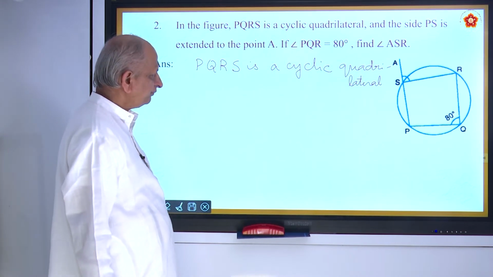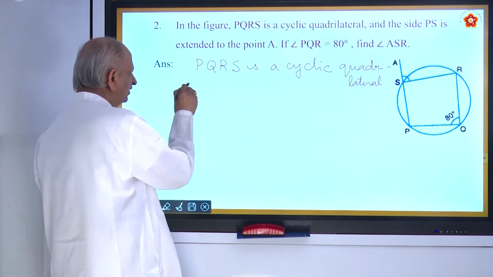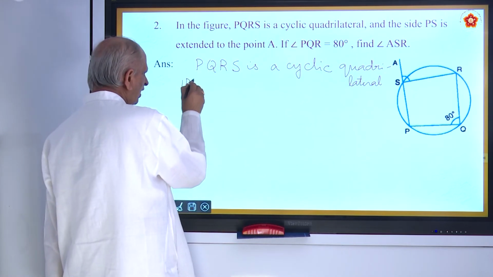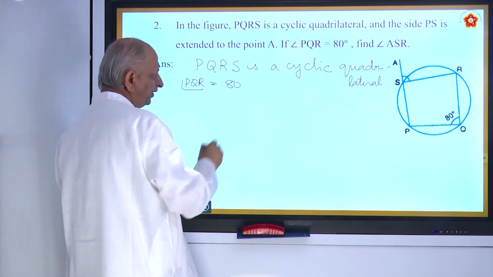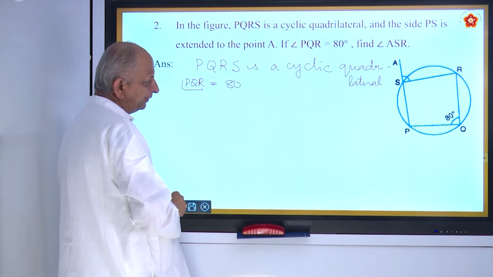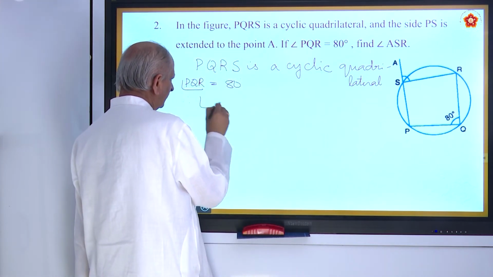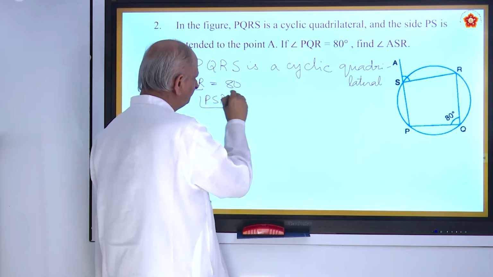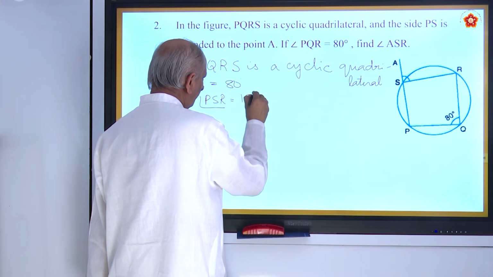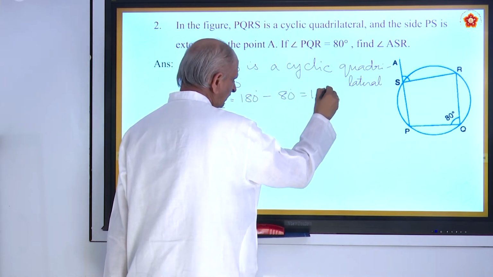Secondly, opposite angles are supplementary. You are given that PQR is 80 degrees. If PQR is 80 degrees, what is PSR? Angle PSR becomes 180 minus 80, that is equal to 100 degrees.